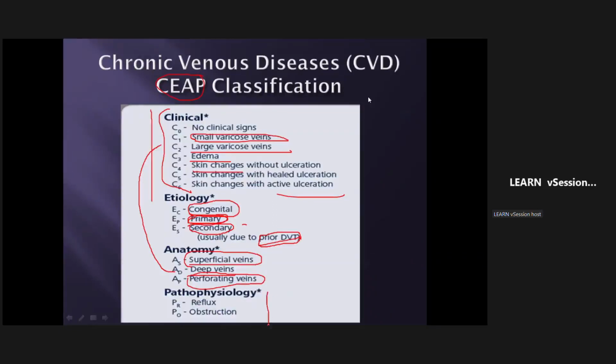And pathology on these veins is often reflux. And as I mentioned earlier, if it is a DVT or something, obstruction. Okay. So CEAP classification is a comprehensive thing, but for your purpose, when you are taking a short history, try to find these things out because all these things will determine the management.